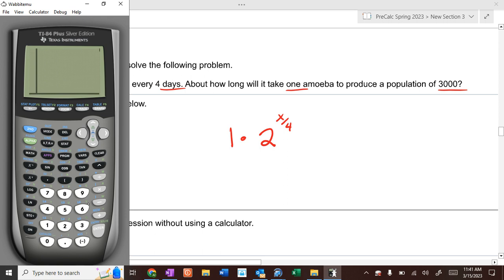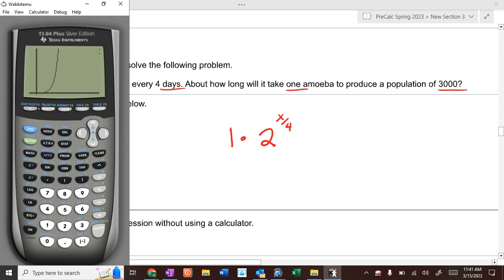And I suppose I won't even be able to see that hardly. So let's change my window to 500. Now I should be able to see it.